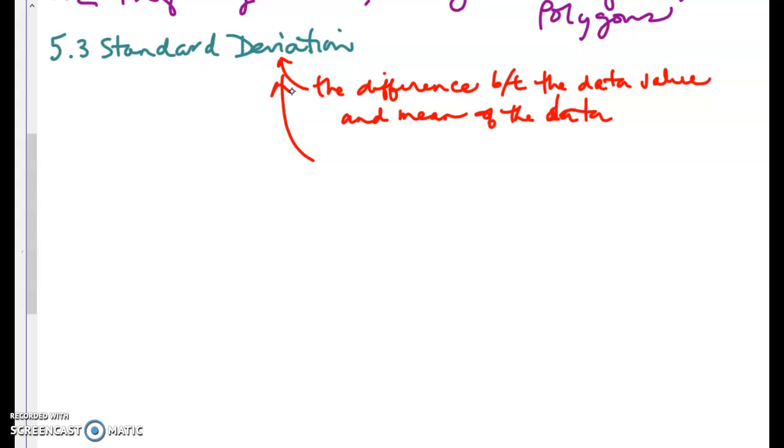So the deviation is the difference between the data value, we'll say x, of that specific piece of data, subtract the mean of that data. So that was the little formula you used to find the deviation. Then you also talked about standard deviation.